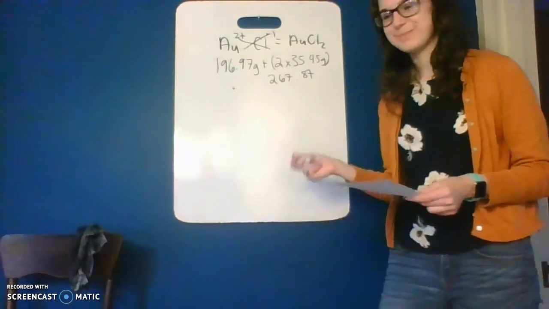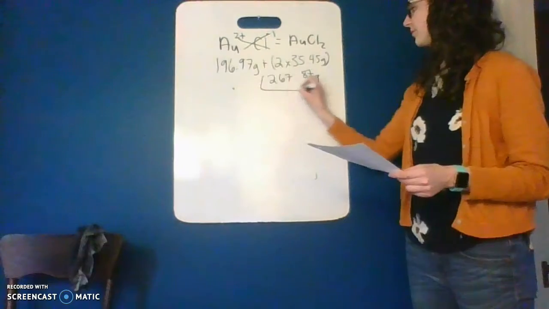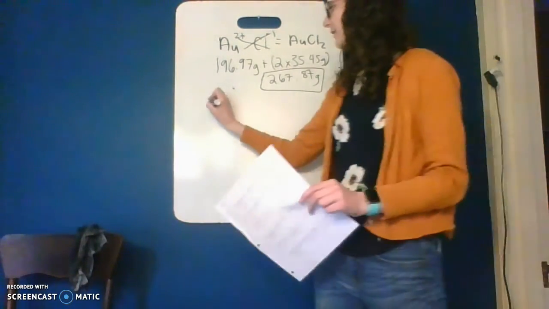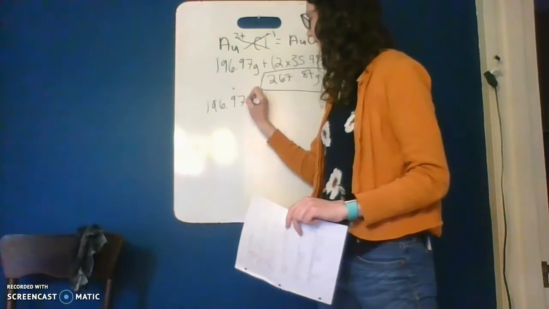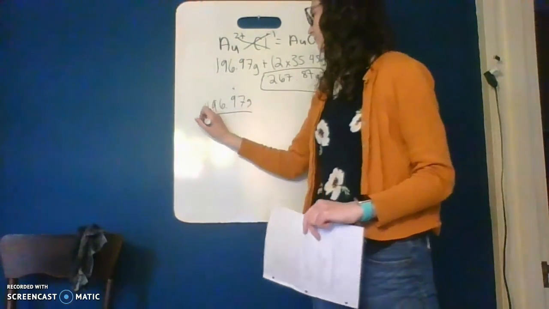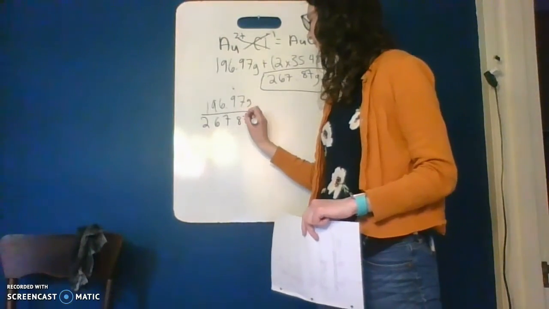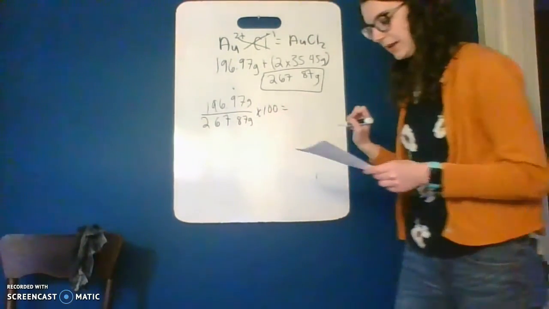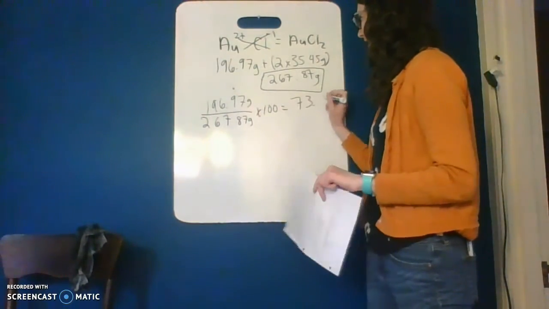Keep looking at the wrong problem. So 267.87 grams is my total molar mass for this compound. To find the percent of gold, I take 196.97 grams and divide it by that total molar mass, 267.87 grams. Multiply by 100, and I find a percent of 73.5.